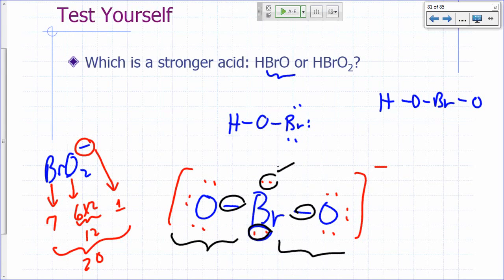It owns 2 lone pairs, and then half of the 2 bonding pairs would be 2 singles. So it appears to own 6. By itself, it would have 7, right? 7 minus 6 is plus 1. So you can lower that formal charge by putting one of these lone pairs in. So HBrO2 would have this structure right here.